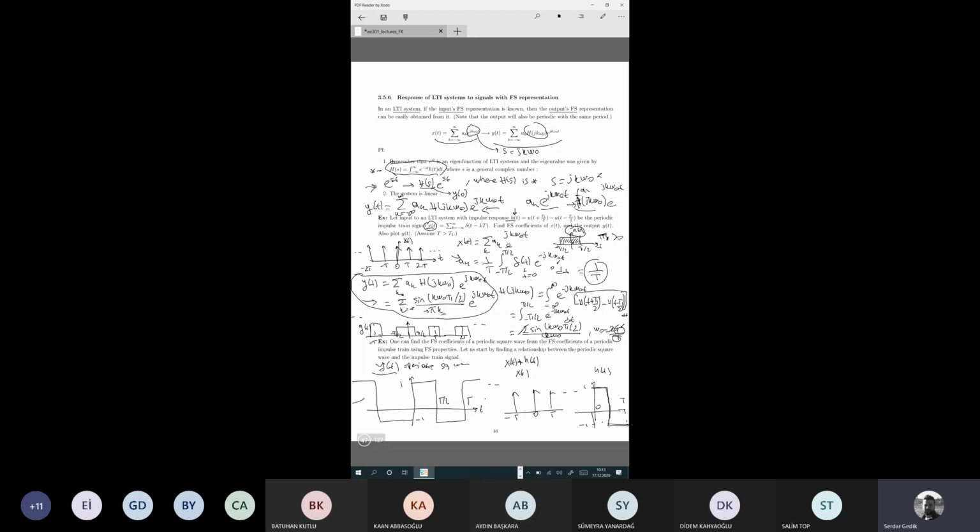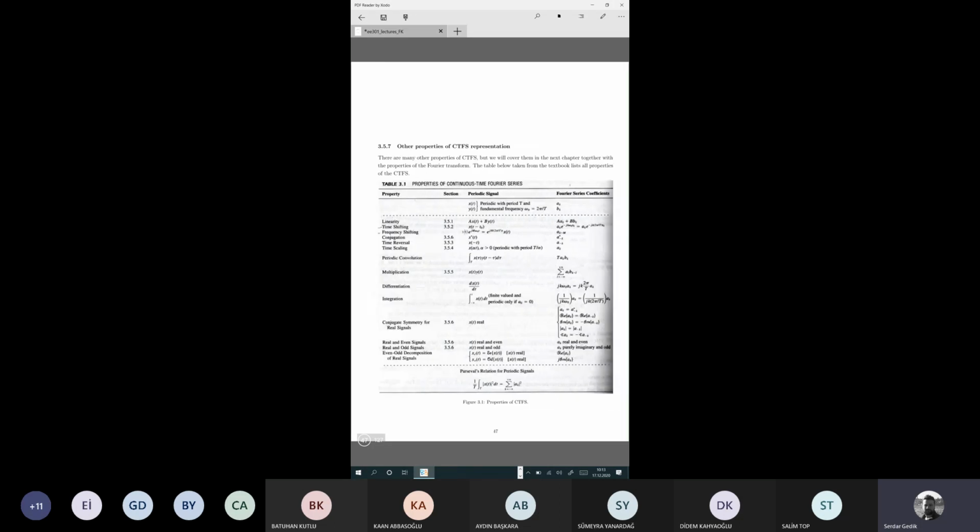You can do this for y(t) as you wish, but otherwise you can say that y(t) is obtained by convolving x(t) and h(t) and use this formula over the top. So you can find H(jk omega 0) and easily find y(t). So this is what we will do in this case.